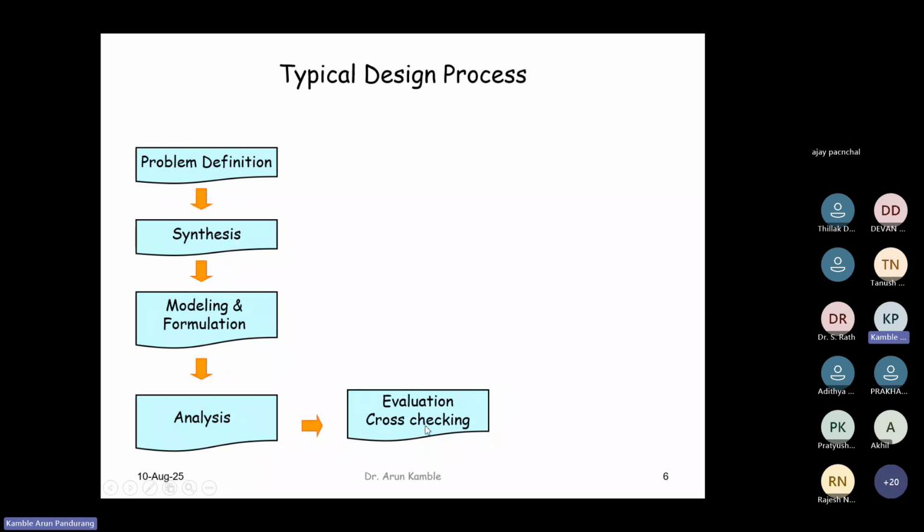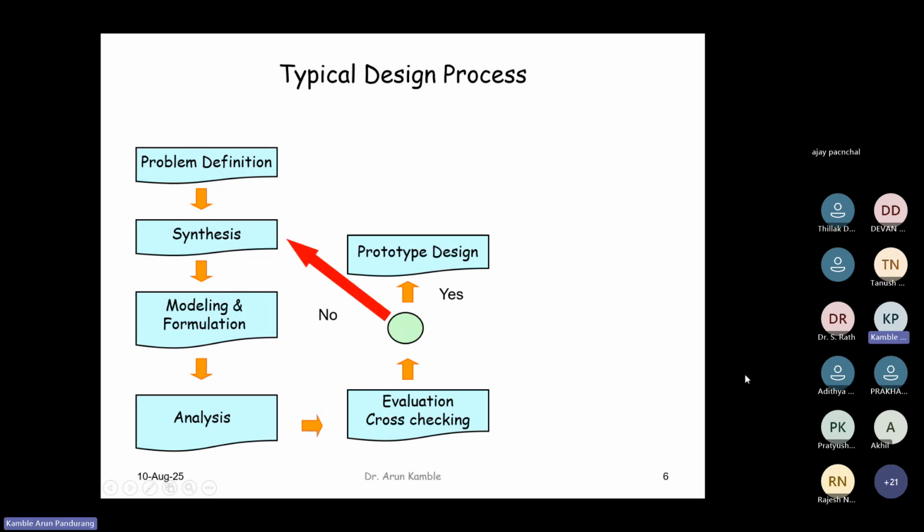And then we evaluate or cross-check our results. If the results are good as per our expectation, then we go for the prototype. Otherwise, we again go to the synthesis step.